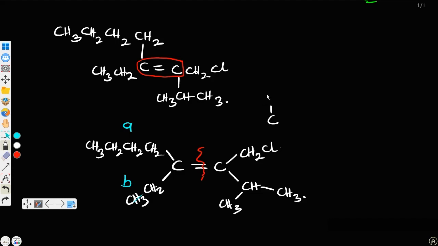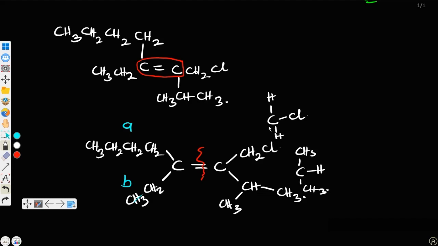Then after carbon, you have hydrogen, another hydrogen bonded, then chlorine. How about this one? Carbon, then what is bonded to this carbon? Hydrogen. This other part here, CH3, and then CH3.